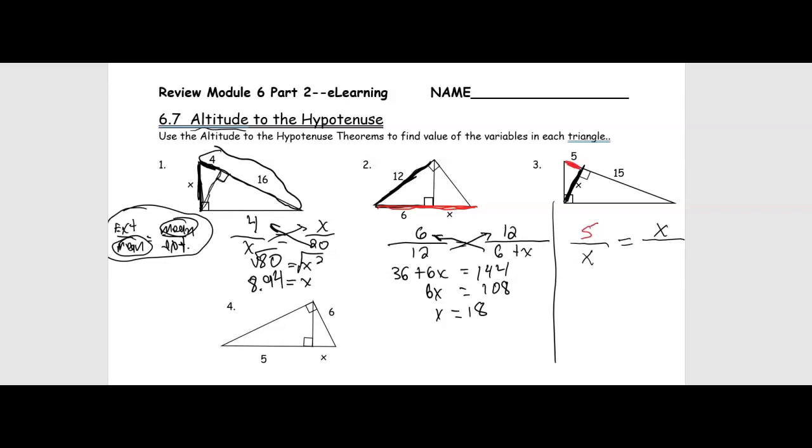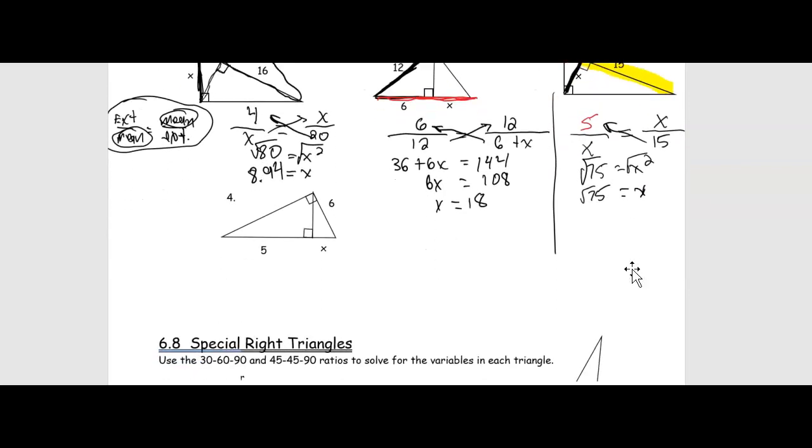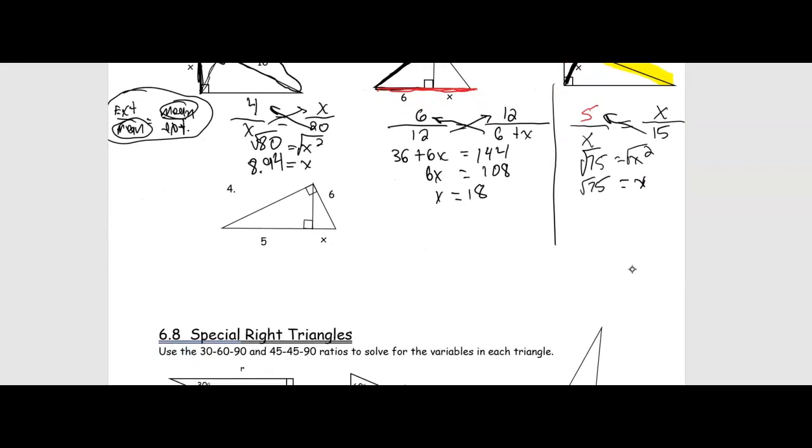So one of them would have been 5, and then the other one here is this 15. That then we solve. All right, so cross multiply, 75 is equal to x squared. Take the square root of both sides. And then whatever the square root of 75 is, throw that into your calculator, and then that would be our answer.